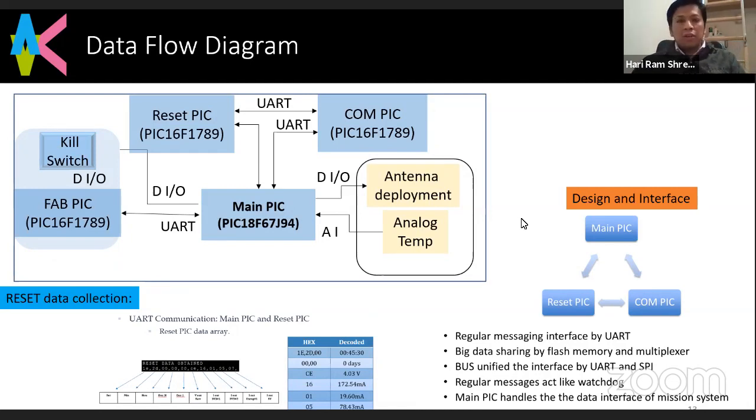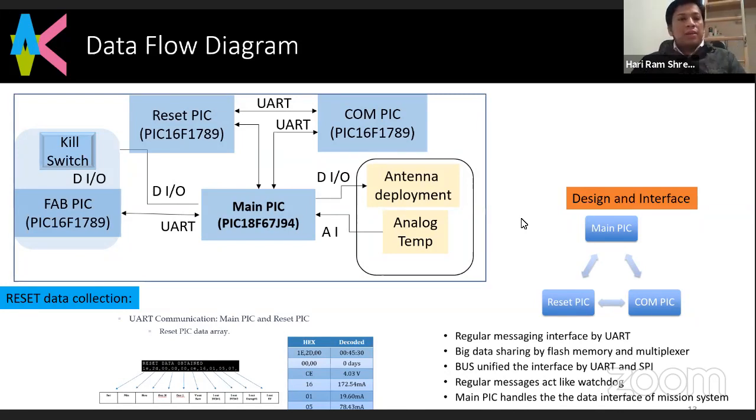I already explained about the bus voltage. They have a 3.3 volt line and also the communication unregulated line. The control is done through the overcurrent protection system by the reset PIC. If the reset PIC is controlled properly, it will start 30 minutes after deployment from the ISS. The reset PIC also controls the system every 24 hours, resetting the CubeSat system in 24 hours.